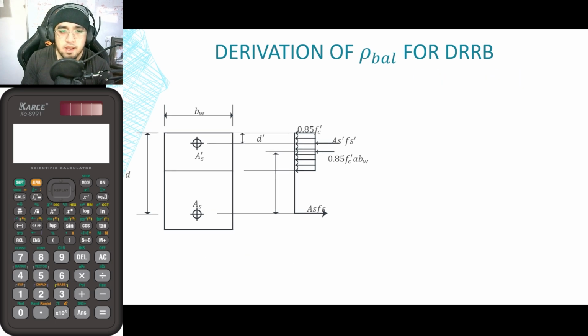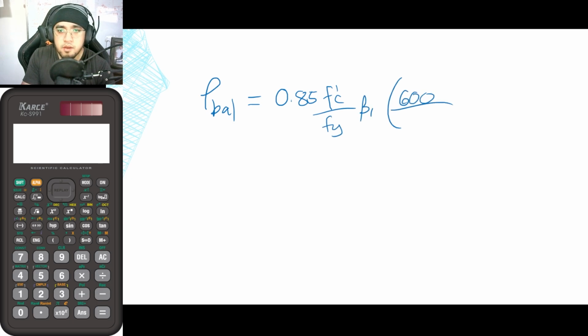So previously, when we solved for the rho balance for SRRB, we derived that rho balance for SRRB is equal to 0.85 times f'c divided by fy times beta 1 times 600 over 600 plus fy.